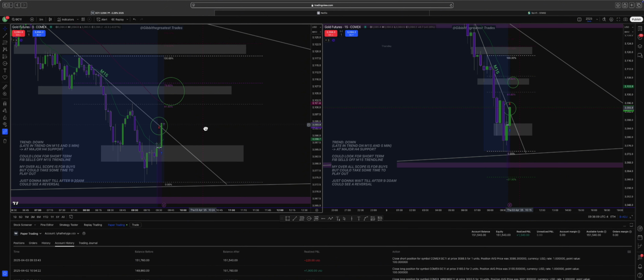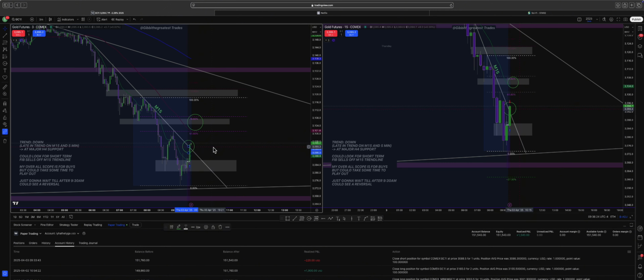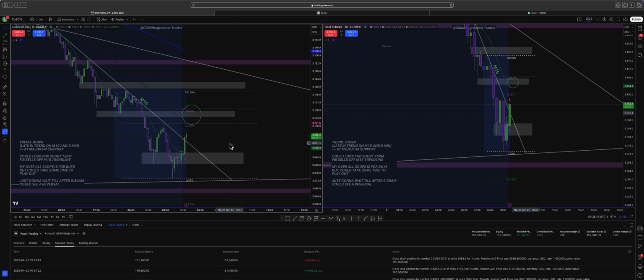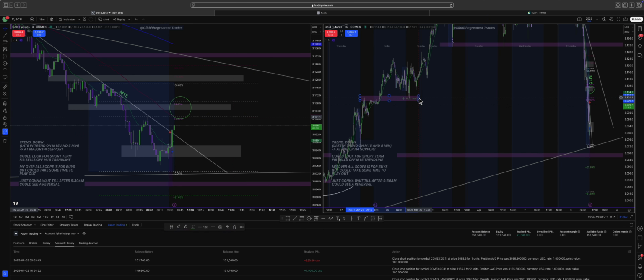This right here is where I should have bought, but I didn't. This is a signal in my 4-hour Fibonacci setup area to where I could have got in for a buy. But yeah, let's just watch how beautifully that trade plays out.